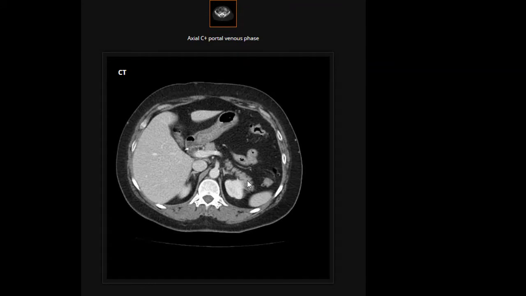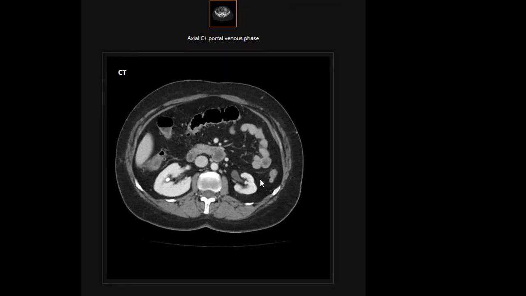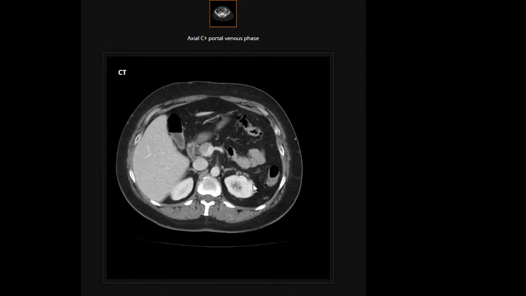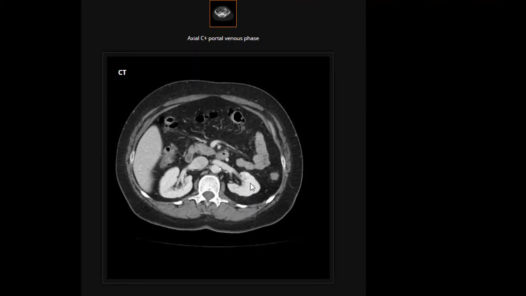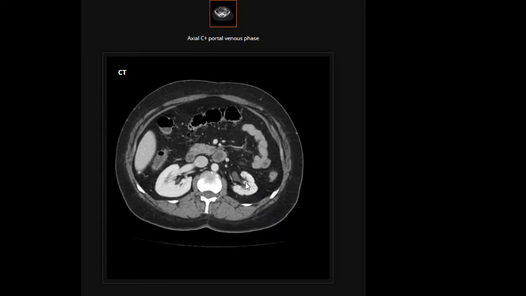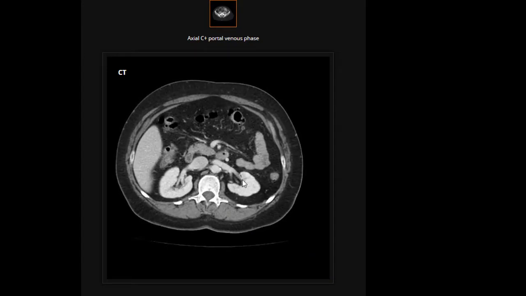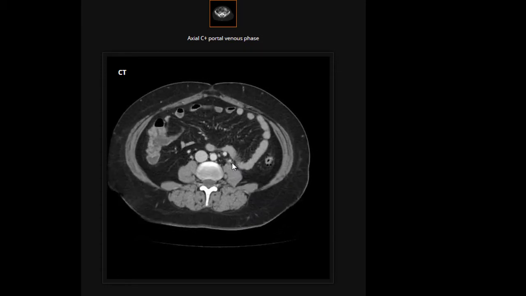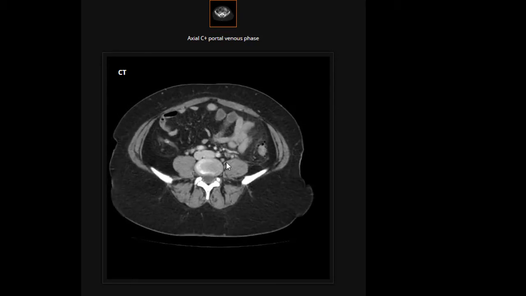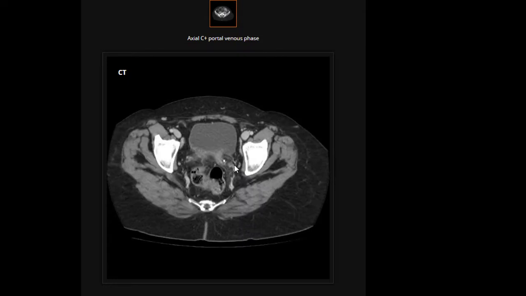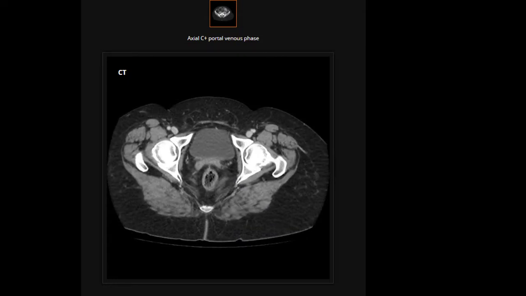We'll look at the left side. And we could say that the left kidney is slightly atrophied, especially the inferior pole, compared to the right. We'll look at the collecting systems, so no evidence of obstructive uropathy. The calyces are nice and thin, the pelvis is normal in size. We'll follow the ureters down, following the left down, and it is normal.